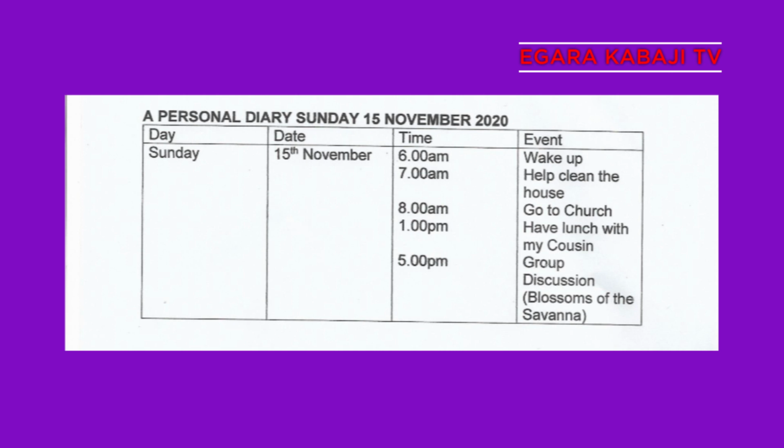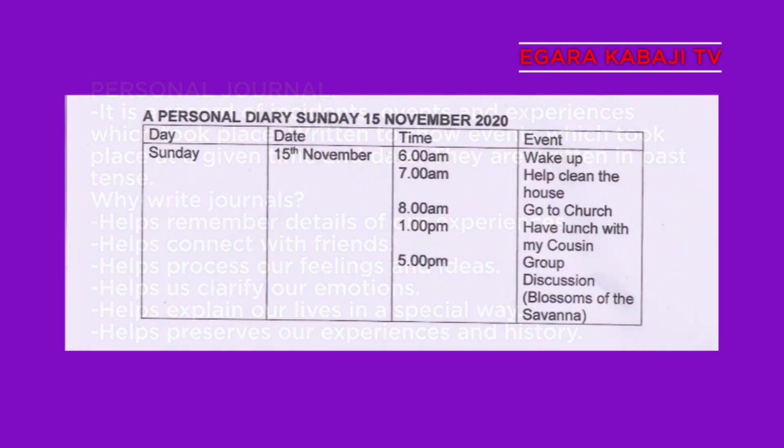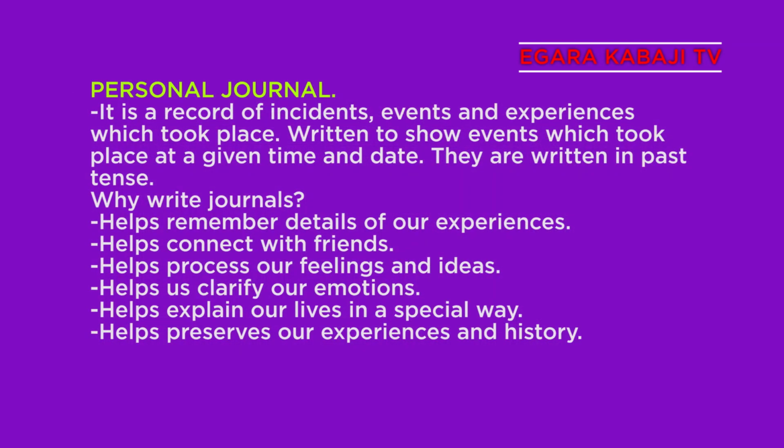Let us now turn to a personal journal. What is a personal journal? A journal is a record of events, incidents, and experiences which took place. In essence, it is also about what happened.